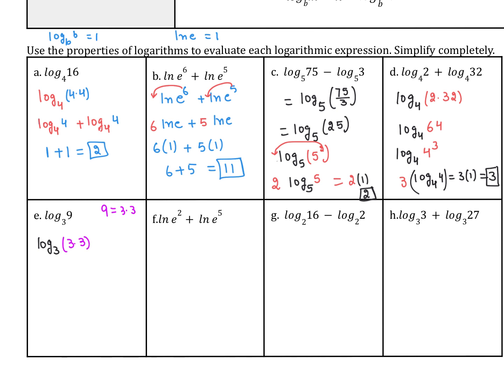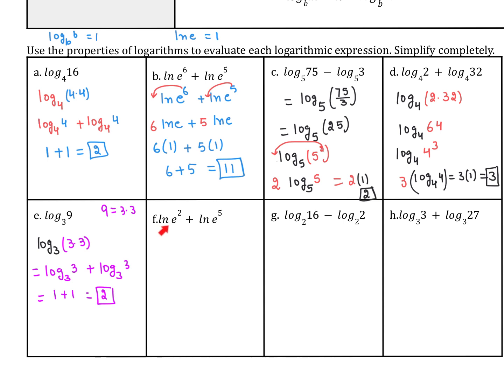So your answer is going to be log base 3 of 3 plus log base 3 of 3. Now we know that log base 3 of 3 is 1. So that's going to be 1 plus 1, and that is 2, your answer.